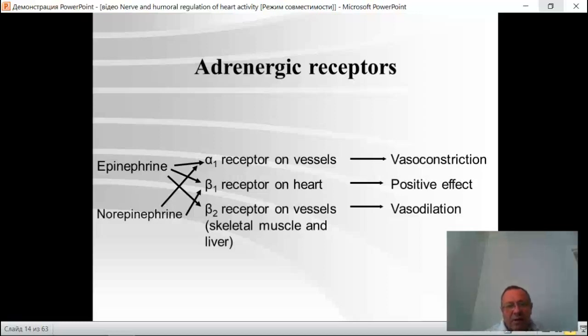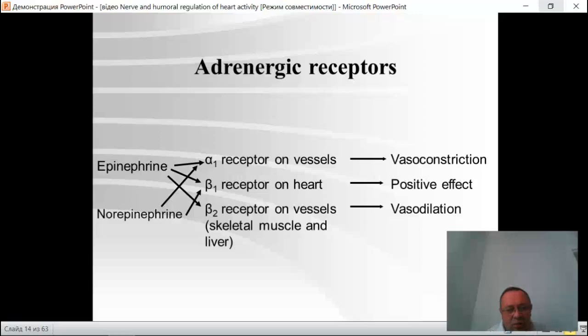The effects of connection of adrenergic receptors with epinephrine and norepinephrine have differences. Connection with alpha 1 receptors, epinephrine and norepinephrine give the effect of vasoconstriction.